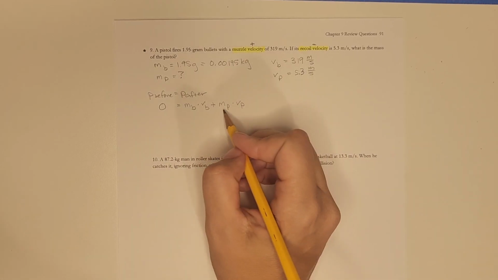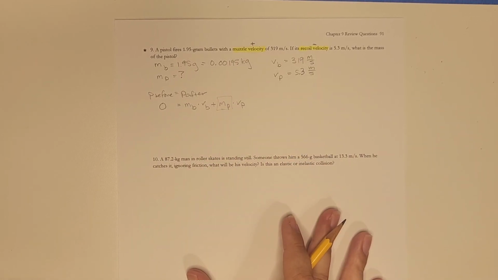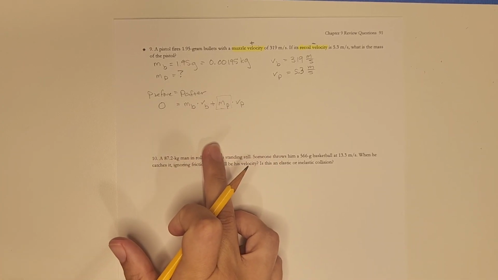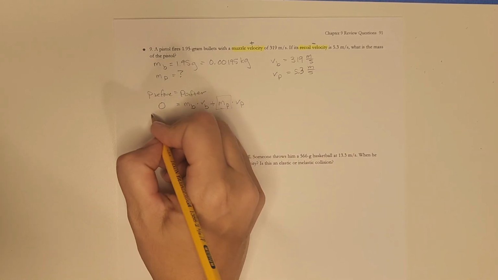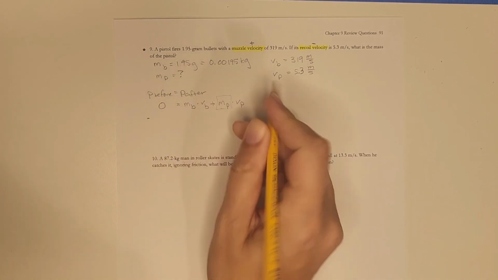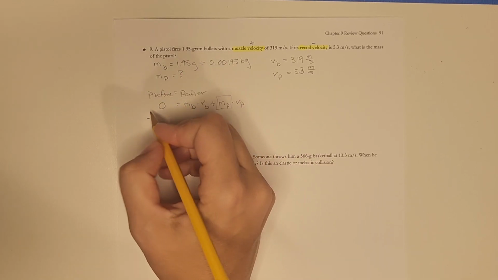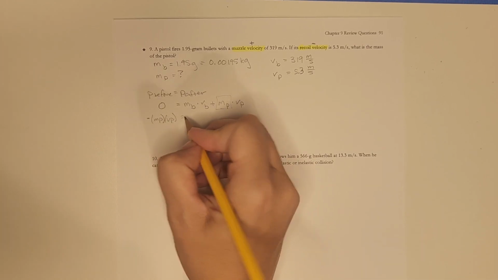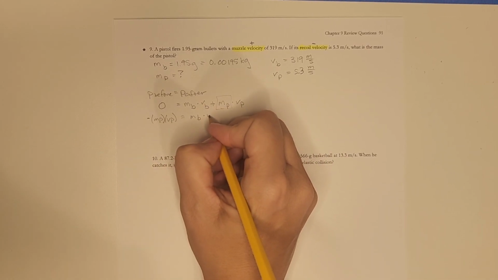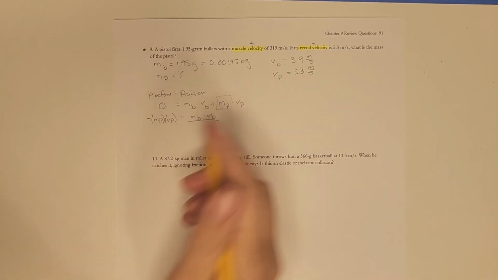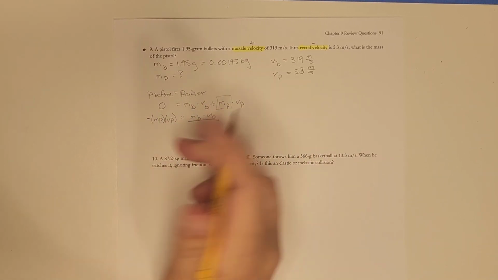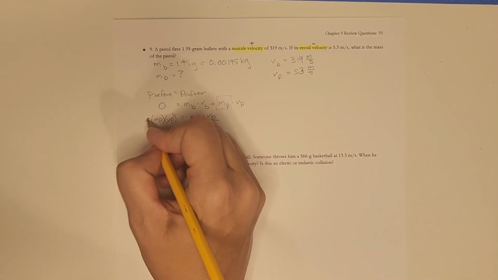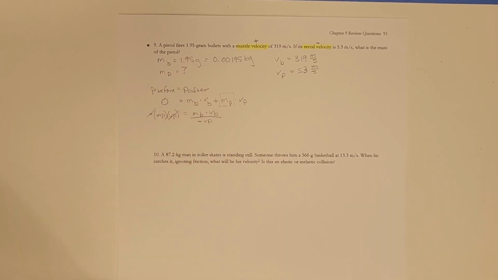Okay, this time we are solving for the mass of the pistol, and so let's move everything around accordingly. So I'm going to move this over, so we have negative mass of the pistol times velocity of the pistol equals mass of the bullet times velocity of the bullet, and we'll divide both sides by a negative velocity of the pistol to get mass of the pistol.